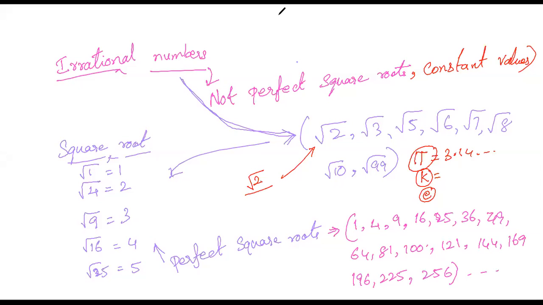So pi is irrational. What else? Pi is recurring, sir. Yeah, the value of pi is 3.14, right? But it is an irrational number. As I said, it is a constant value.